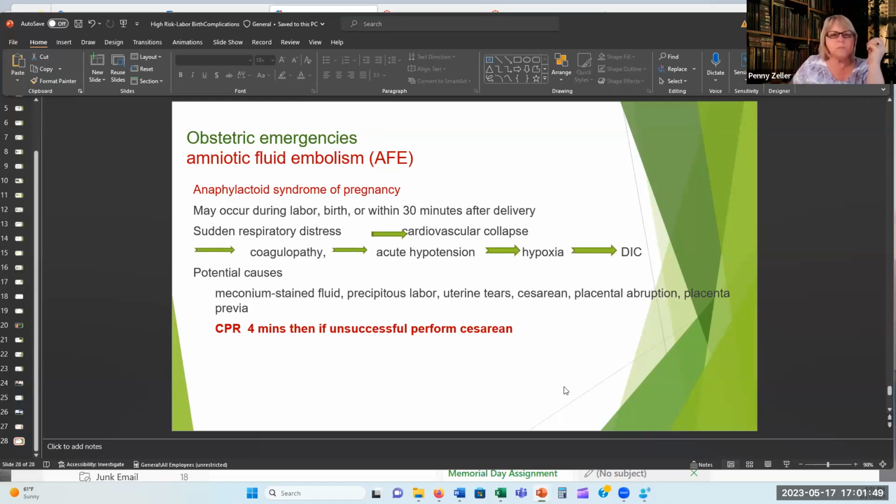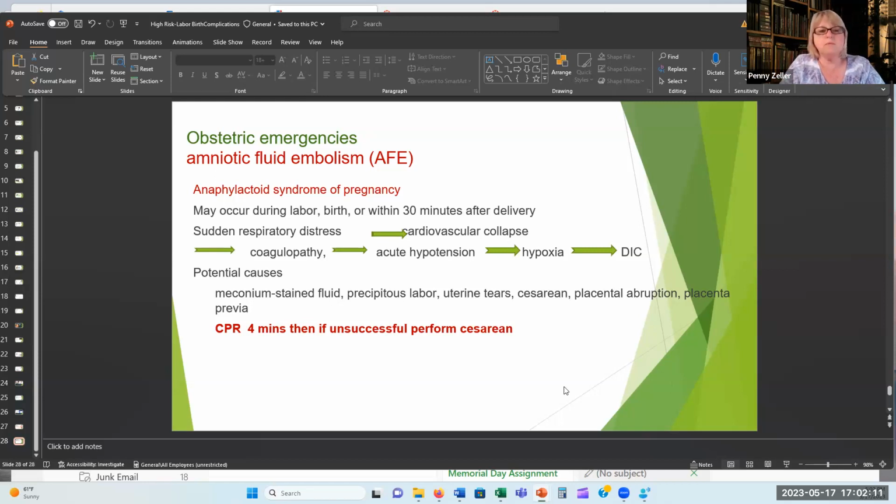So, as with a pulmonary embolus, any embolus or object that's floating in the circulation is going to eventually block off the pulmonary artery, because that's where the blood goes from the heart into the right atrium, right ventricle, pulmonary artery to go to the lungs.